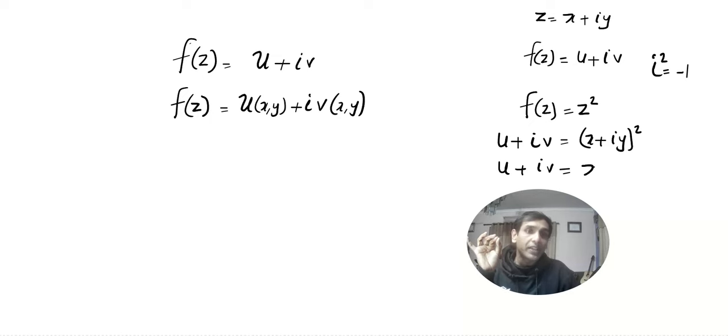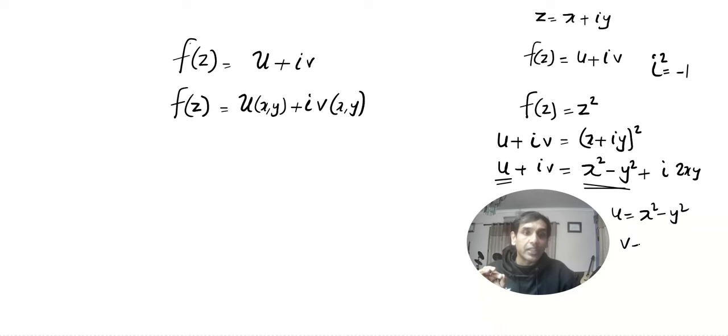So we end up with x squared + 2ixy + i squared y squared, and on simplification I will get something like this. Are you able to see u is a function in x and y? And similarly, v is another function in x and y.